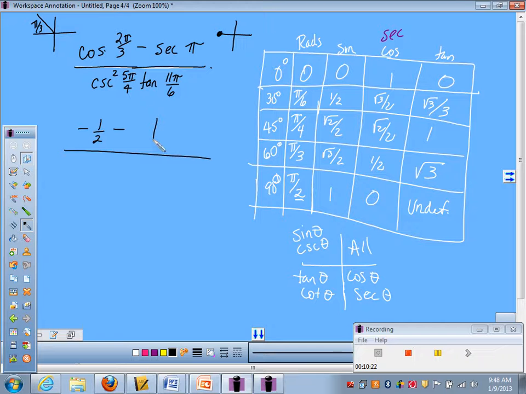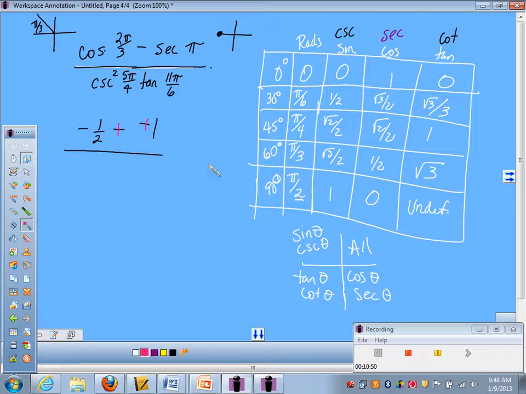And then how do you decide your positive or your negative? Pi is on the negative side of the axis, so therefore, since it's on the negative side of the axis, it will be a negative 1. So when we actually get ready to do the math here in a moment, those two negatives really are going to make that a +1.